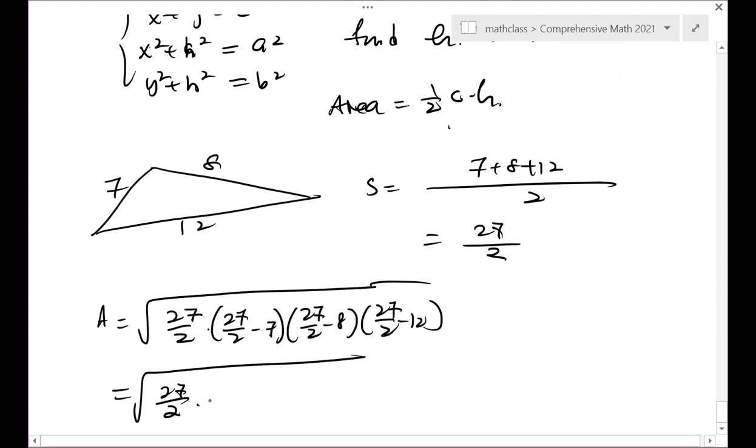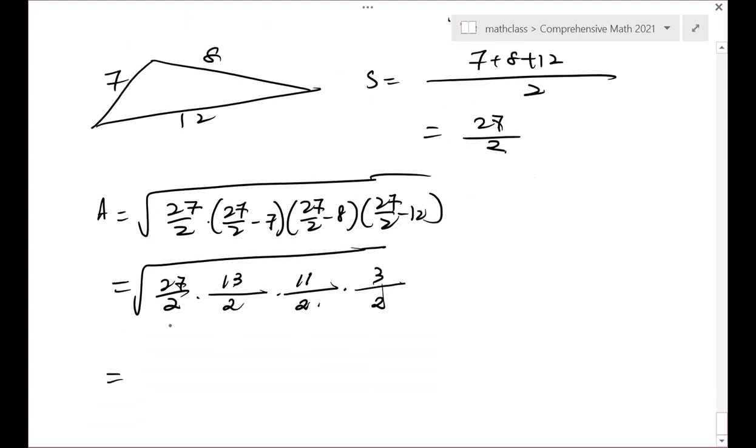So this is going to be 27 minus 14, right? It's going to be 13 over 2. 27 minus 16 will be 11 over 2, right? 27 minus 24, that's 3.